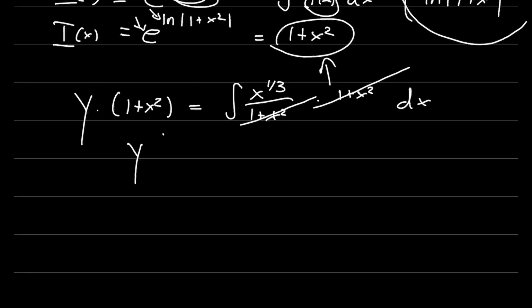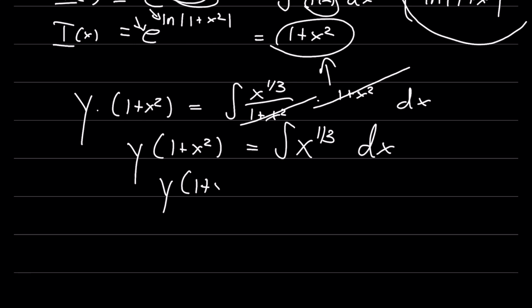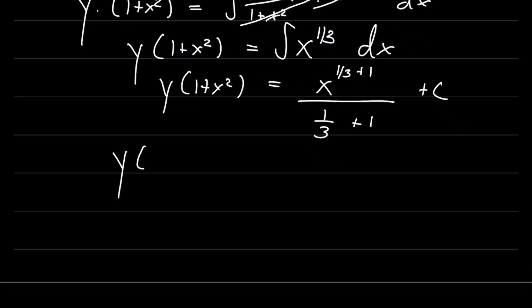Again, we just love it when those cancel out. We'll have y times 1 plus x squared equal to the integral of x to the 1 over 3. Now, how do you do that? We add 1 to the power and divide by the new power, so y times 1 plus x squared should be equal to x to the 1 over 3 plus 1, over 1 over 3 plus 1, plus c, which means 1 plus 1 over 3 is 3 over 3 plus 1 over 3, so this should be x to the 4 over 3.